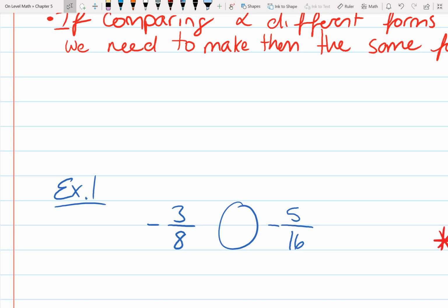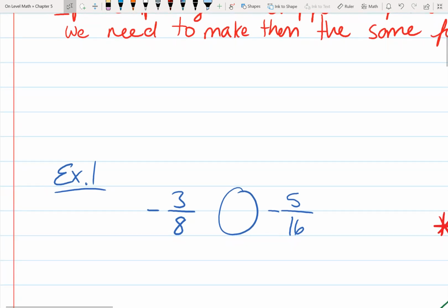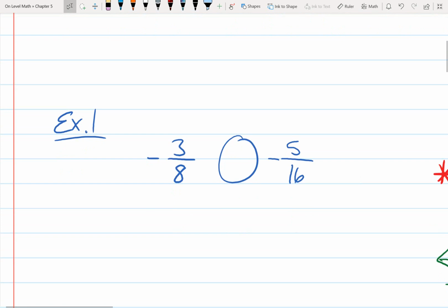So here we've got two fractions. So I don't need to make these decimals, right? They're already fractions. I just have to make sure that we have common denominators. So looking at 3/8 and 5/16, hopefully we see that our common denominator would be 16. So I'm going to rewrite 3/8 to have a denominator of 16.